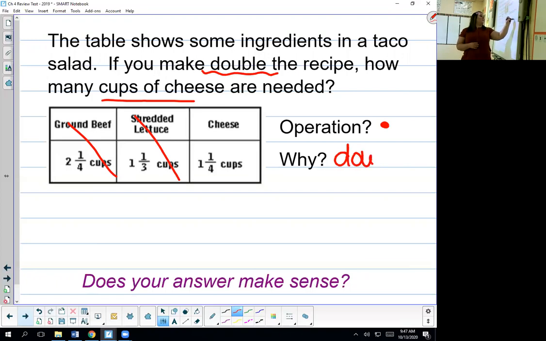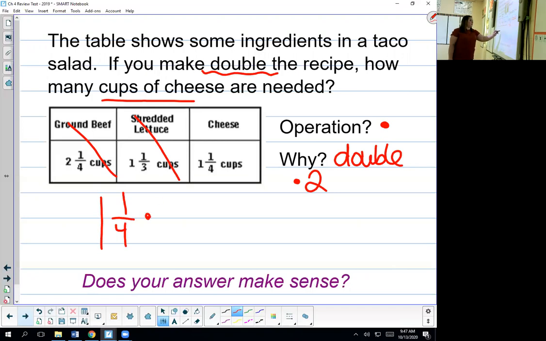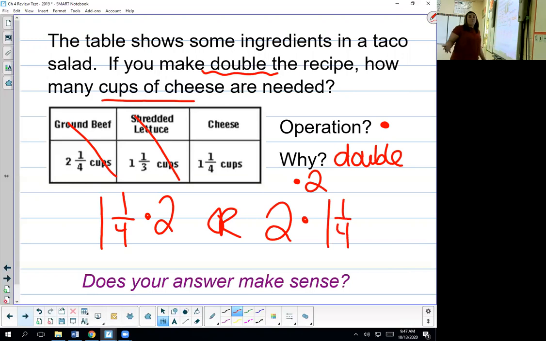Why? Because of the word double. So we are going to multiply by 2. So all you would do is 1 1/4 times 2, or 2 times 1 1/4. Remember, order does not matter there. And then you just follow the rules. Remember, we don't flip with this one because it is multiplication.